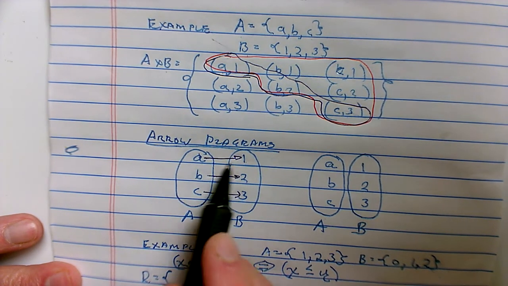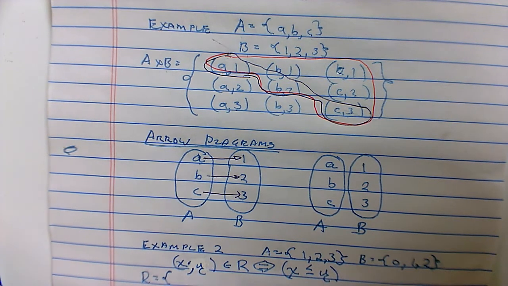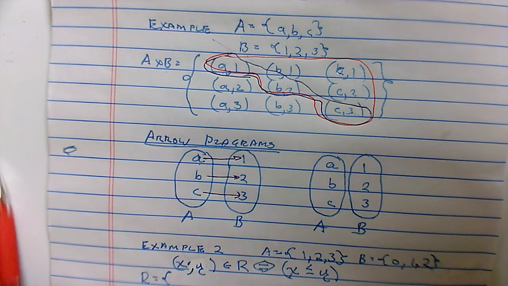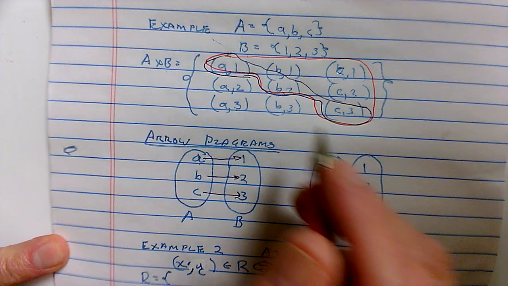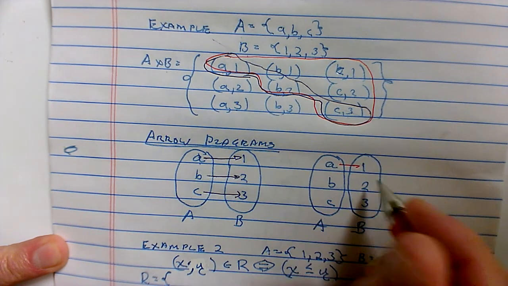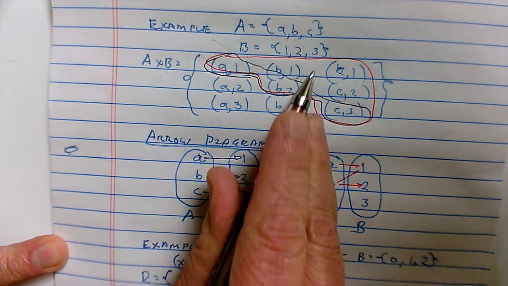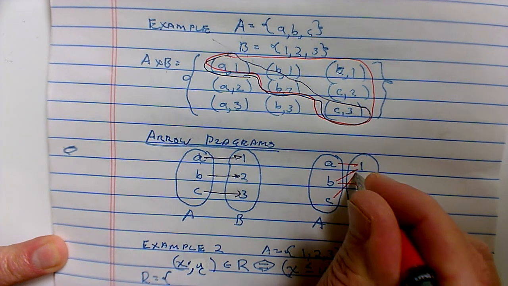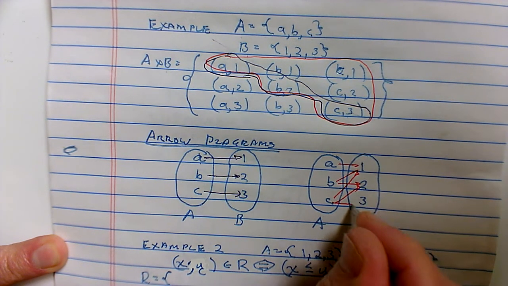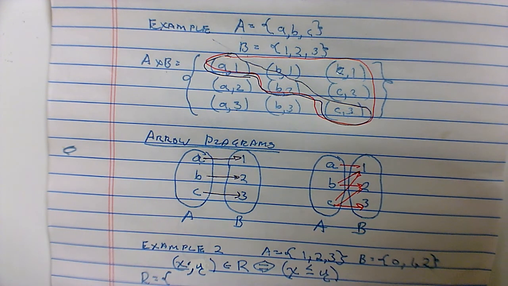We can say 1 is the image of a, 2 is the image of b, 3 is the image of c. The second one I did had a paired with 1, b is paired with 1 and 2, and c is paired with 1, 2, and 3. This is also a relation. So we have several ways we can show these.